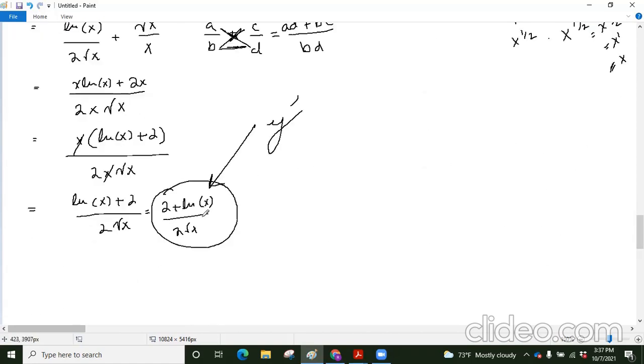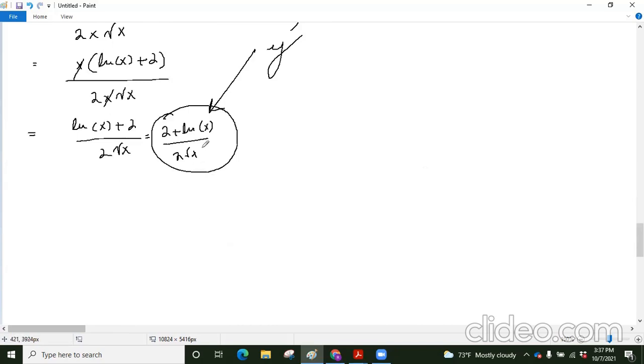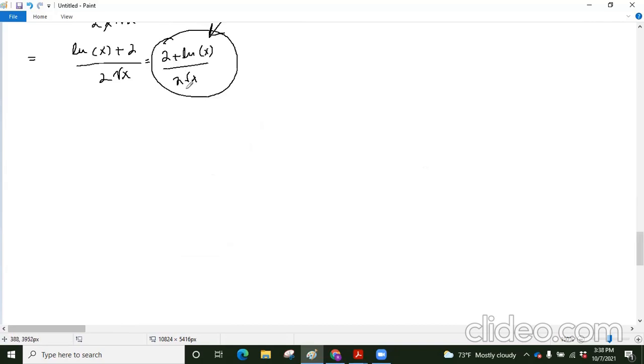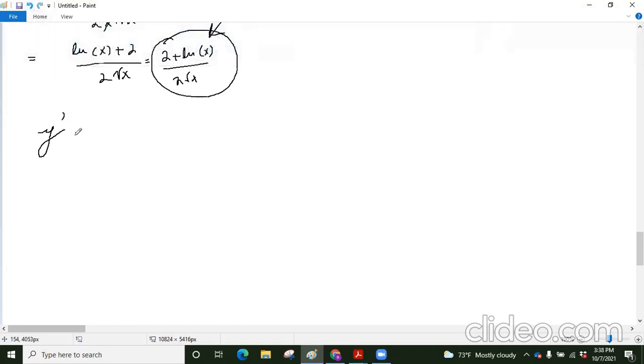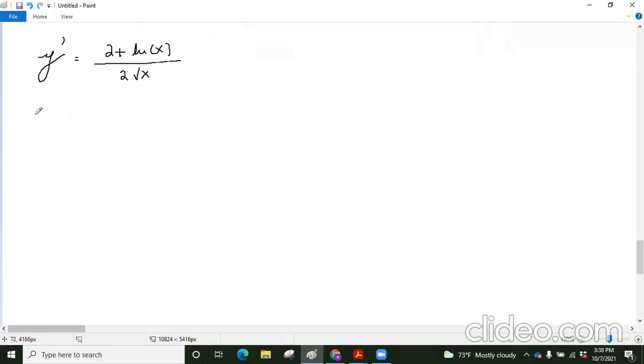Now, what the second derivative says is take whatever you got for the derivative and then take the derivative of that. What we got for the derivative was 2 plus ln of x over 2 square root of x. So now the second derivative, y prime prime, well, basically we know that y prime is equal to 2 plus ln of x over 2 square root of x. So what we're going to do now is take the derivative of this.